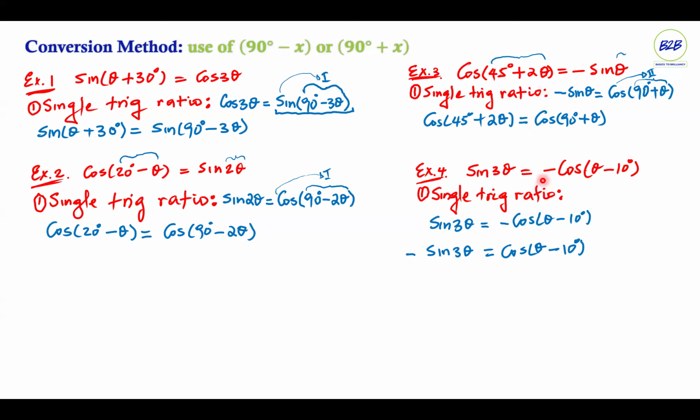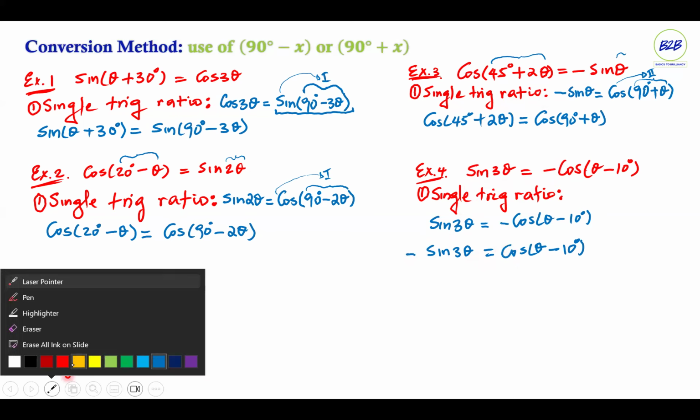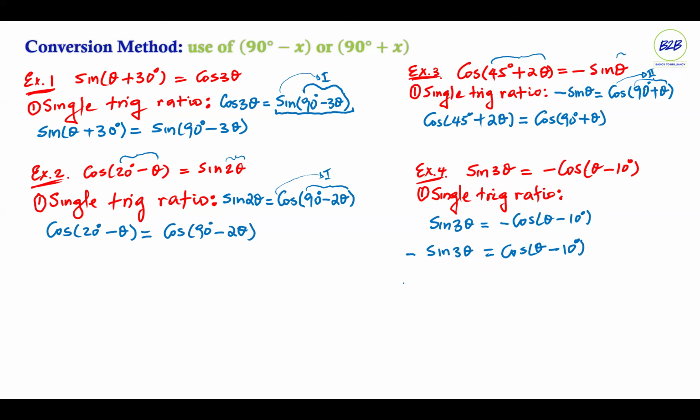It's a problem though if the coefficient of cosine is -1. You must take that negative to the other side of the equation, and then you have the -1 as a coefficient of sine, and the coefficient of cos remains as +1. From there, we can just convert this left-hand side.